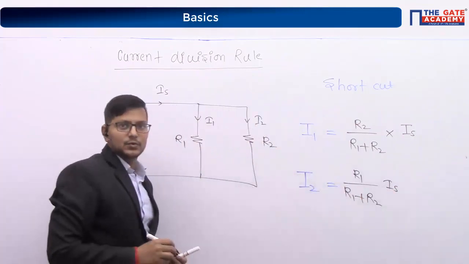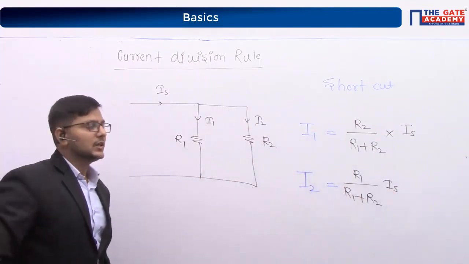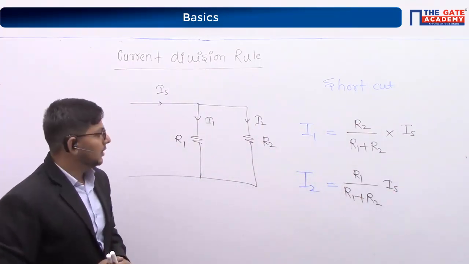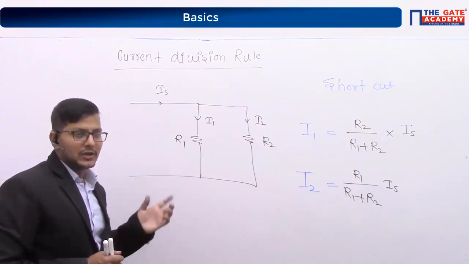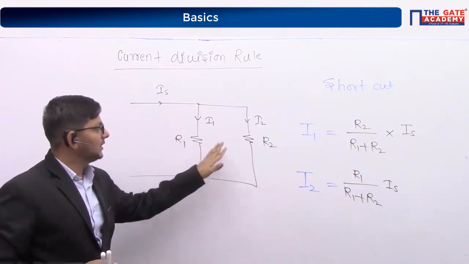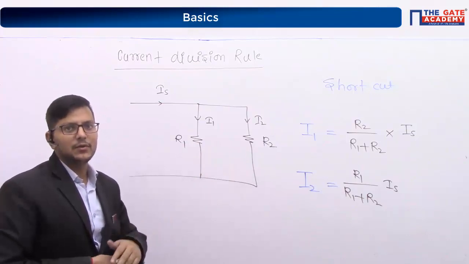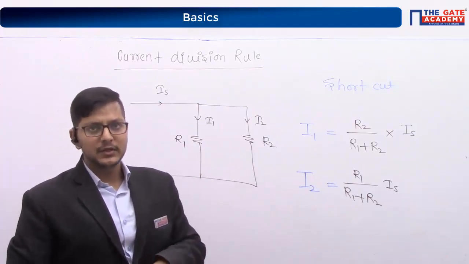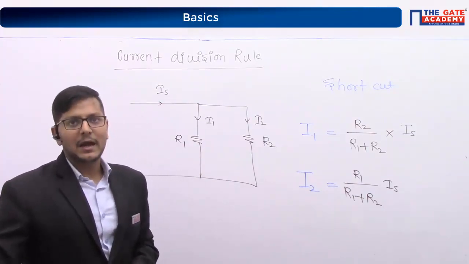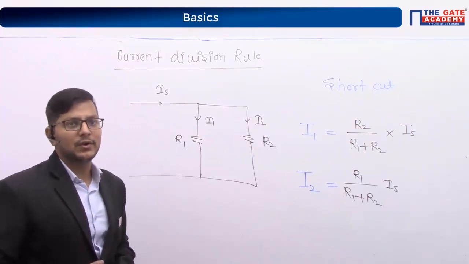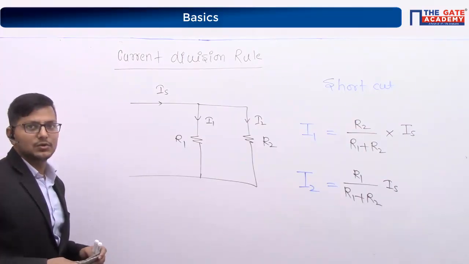This is the current I2. This is the way you can find the current in a parallel path, right? If the total current is given, you can find the current in any branch by applying the current division rule. Clear? This is a basic. I am giving one question, solve it everyone, then further we will proceed to the Thevenin theorem.